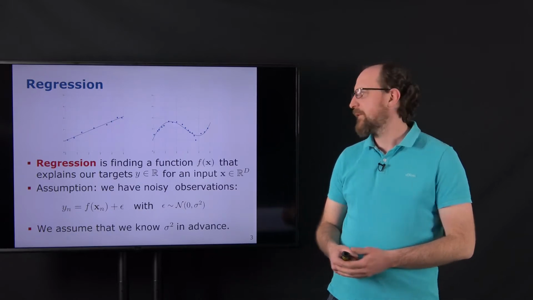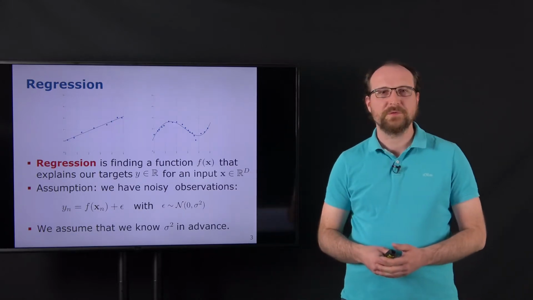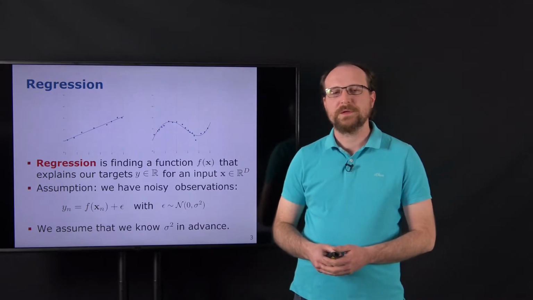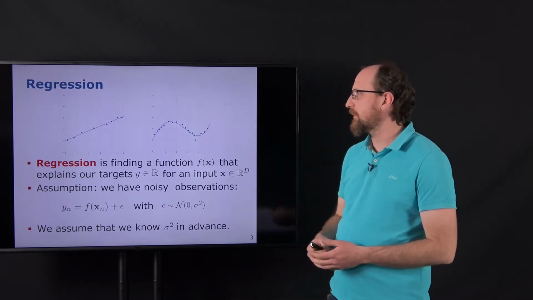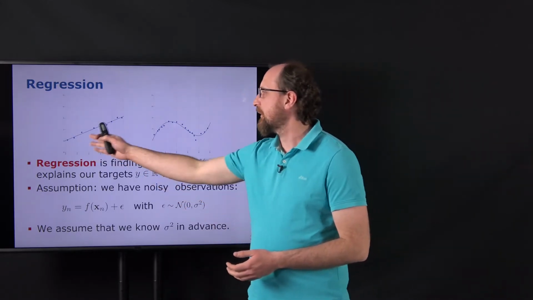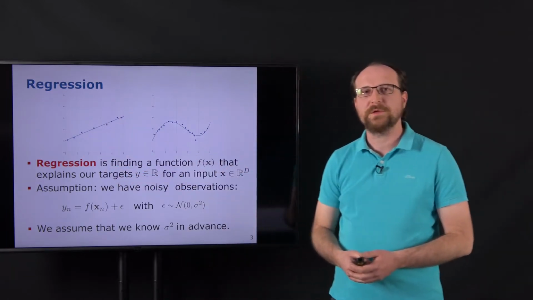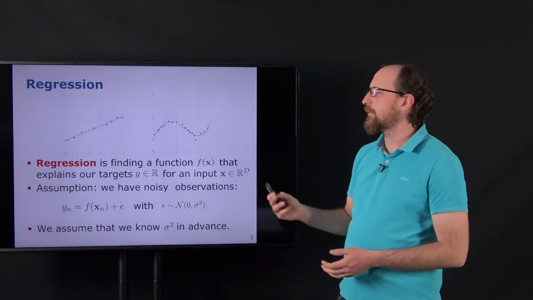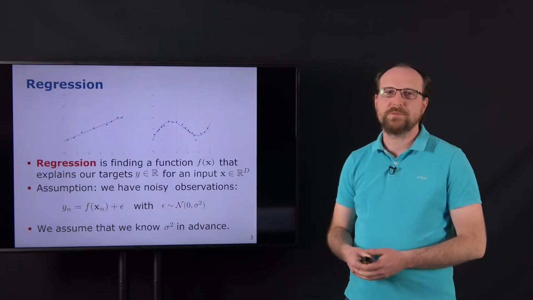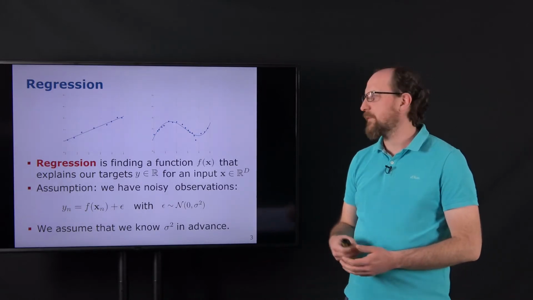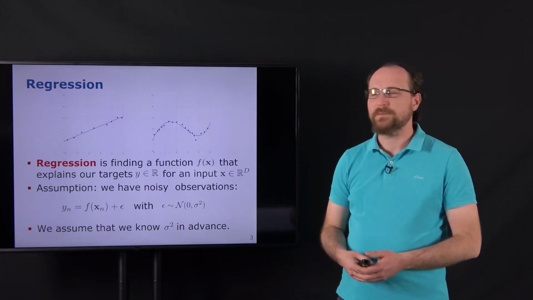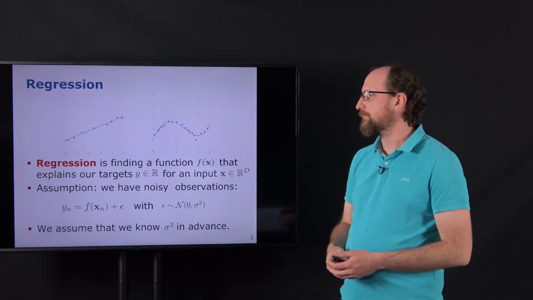And the feature vectors are given by d-dimensional vectors. So we have maybe some training examples, and then we want to find a function that explains these training examples, and with this functional representation we can then also derive the values for unseen parts of the data.